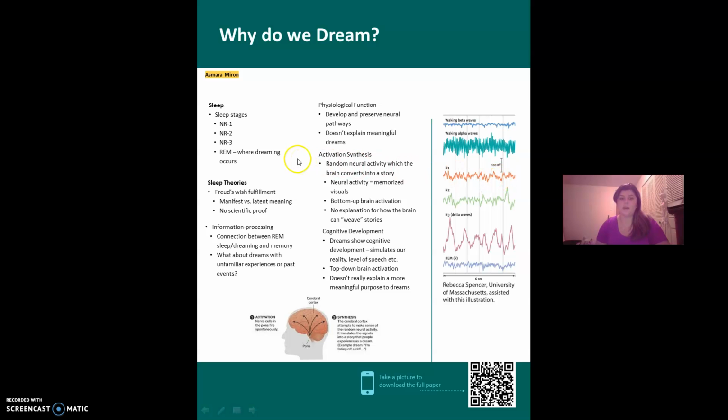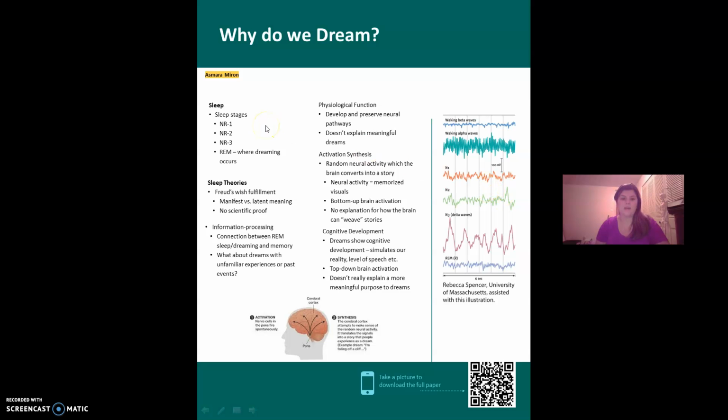And then in stage NR2, you're basically even more relaxed. The only big difference is you'll get these random spikes of brain activity, which they call sleep spindles. It's been found that they aid in memory processing.